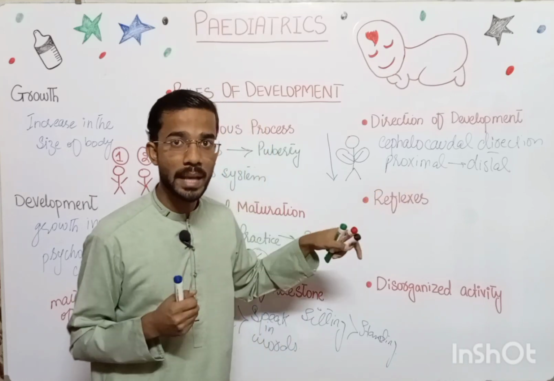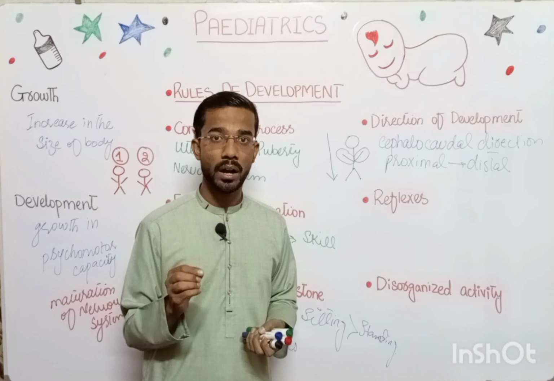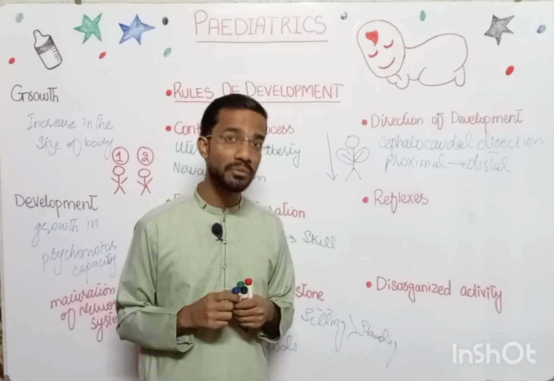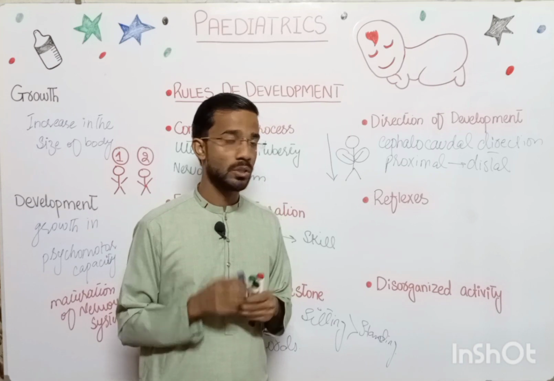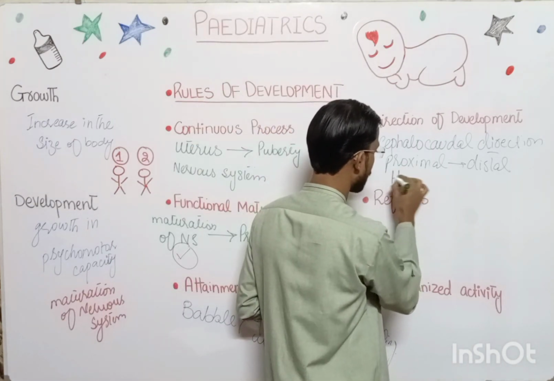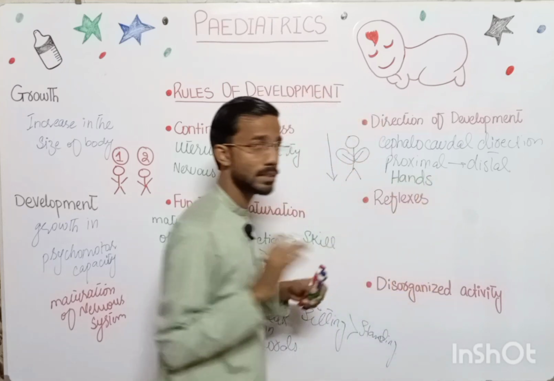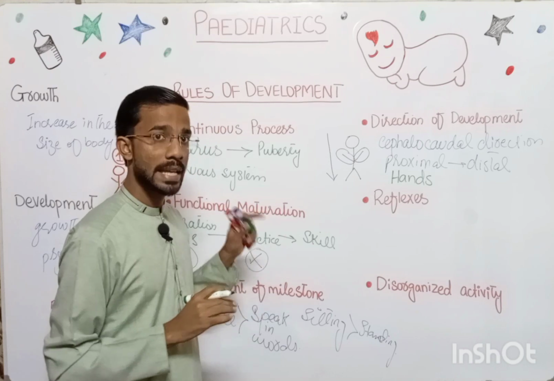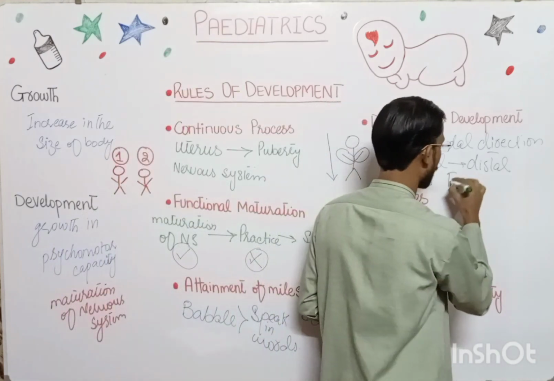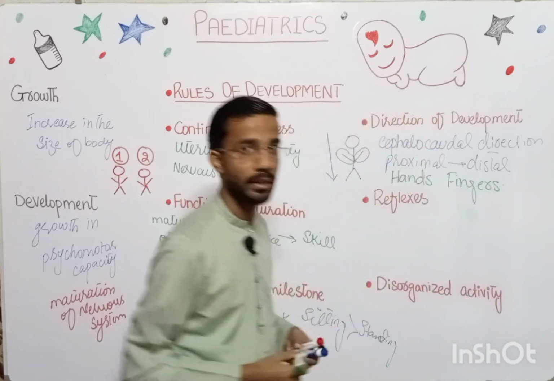For example, the child starts moving the hand first before they start moving their fingers. This is very much important, that the child starts moving his hands first before he starts moving his fingers.